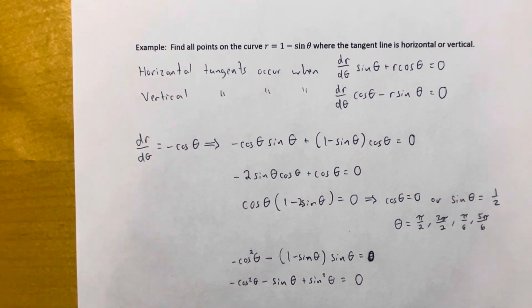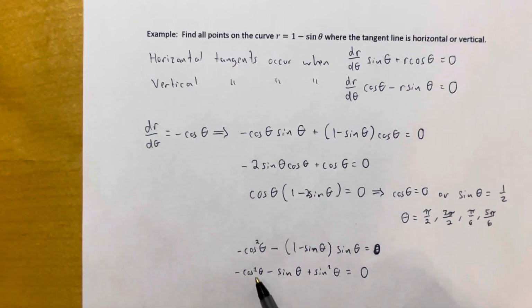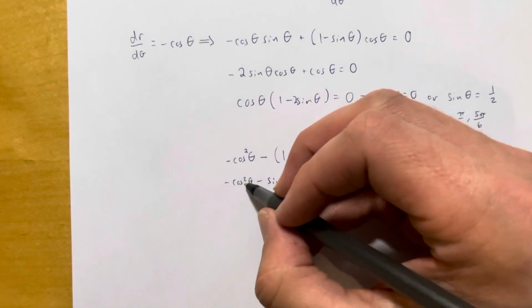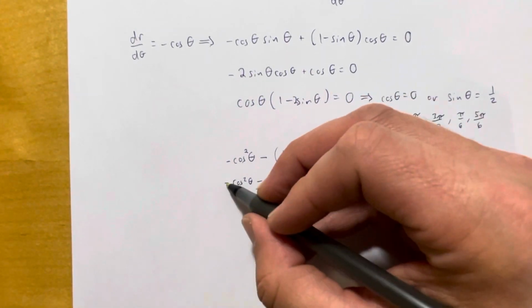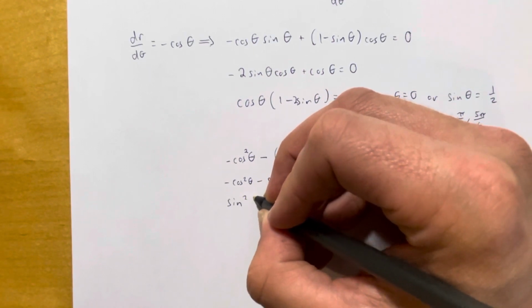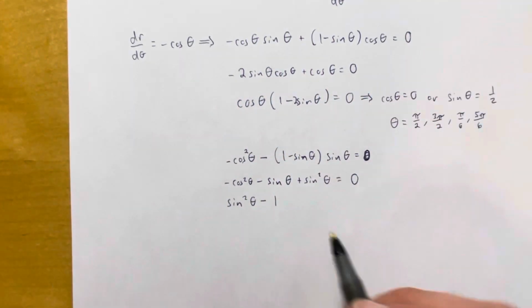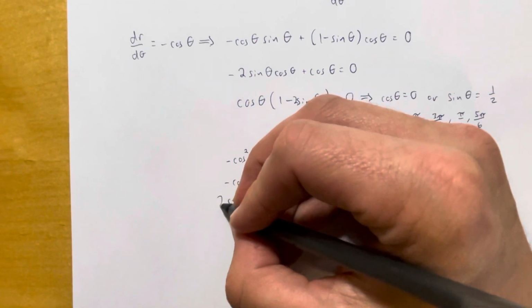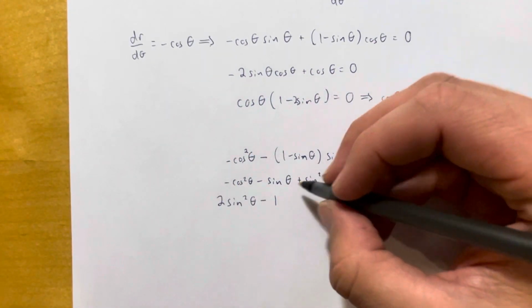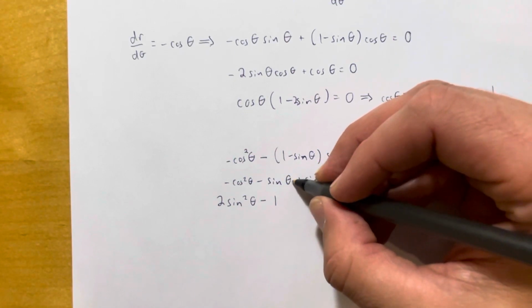Now what I want to do is try to solve this. I think the easiest way to do this is to convert all of my cosines into sines, so I'm only dealing with one type of trig function. So cosine squared is 1 minus sine squared. Putting a negative in front of that flips that around. I get sine squared of theta minus 1. I have another sine squared right there, so let's call that 2 sine squared. And then I'm going to have this minus sine of theta here as well.